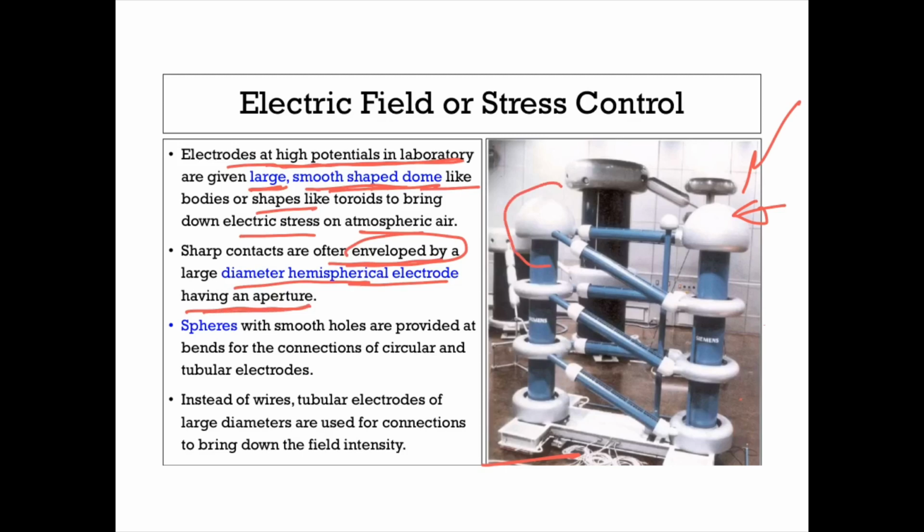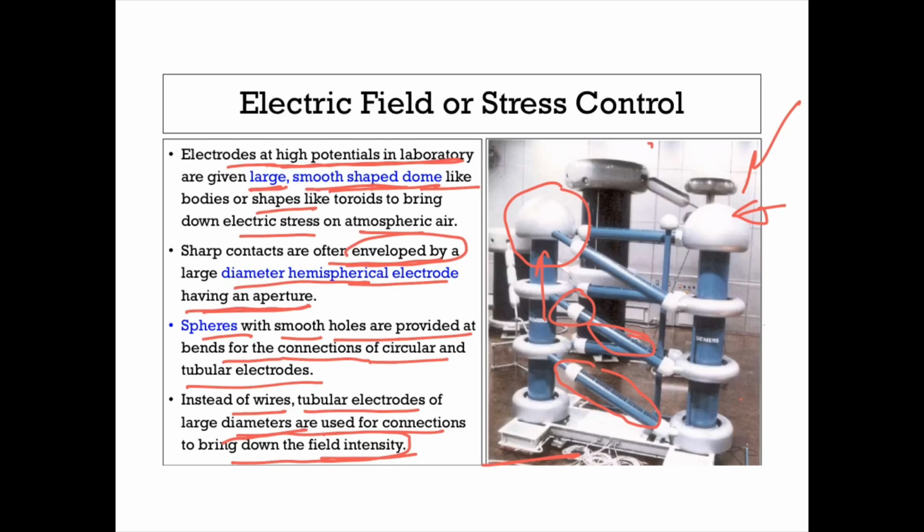So you can notice these situations where hemispherical structure is there and there is an aperture for doing any connection. Also, instead of wires, tubular electrodes of large diameter are used for connections to bring down the field intensity to very low value. So you can notice here that there are tubular structures which are provided to produce a uniform electric field and to bring down the electrical intensity.